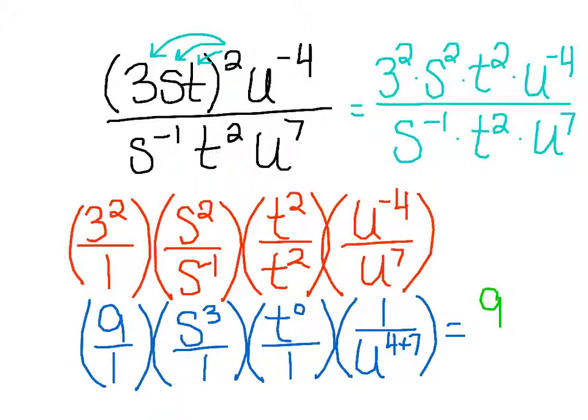So we have our 9. Our s to the 3rd, t to the 0th, but that equals 1, times 1 is 1, all over 1 times 1 times 1 times u to the 4 plus 7, which is 11. So our final answer is 9s to the 3rd divided by u to the 11th.